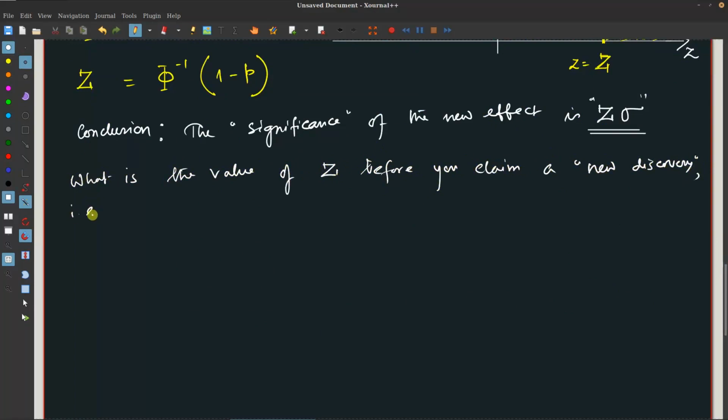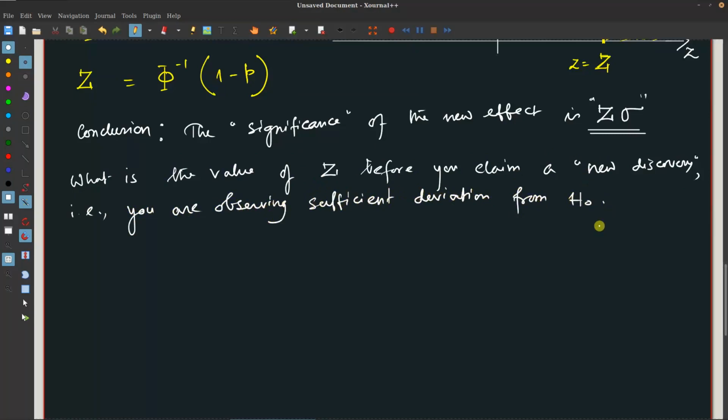That is, you are observing sufficient deviation from H0, the null hypothesis. In particle physics, we use z greater than or equal to 5.